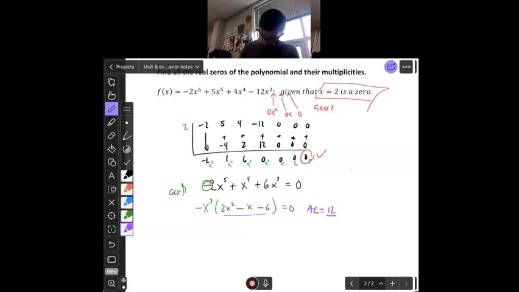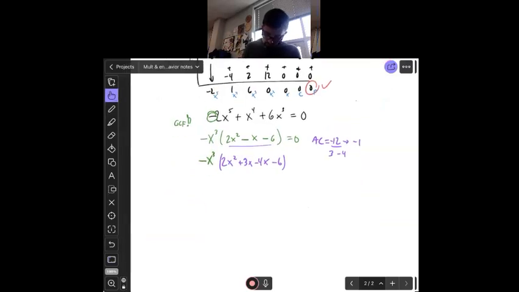That means our AC is negative 12. We need factors of negative 12 that add to negative 1. So it'd be 3, negative 4. So we'd have 2x squared plus 3x minus 4x minus 6. Should still be in parentheses, and you still want to carry that negative x cubed down. Still equal to 0.